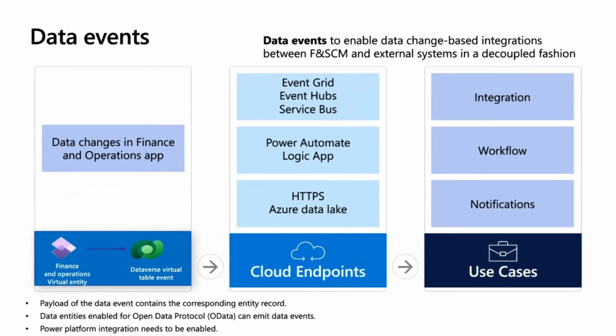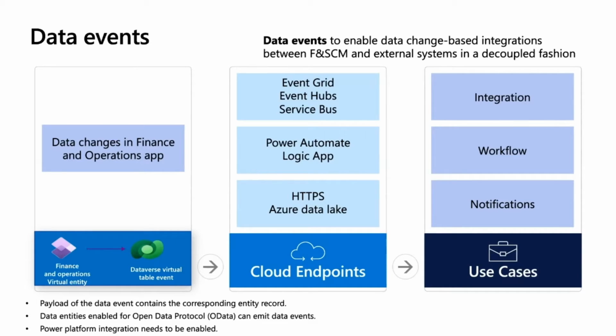Now moving on to data events. The basic difference between data events and business events is, as I said, with business events, when a process happens, the system emits some event. Data events are typically emitted when any create, update, or delete operation happens on a particular table, and this is also based on entities.